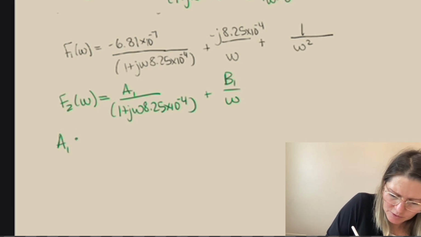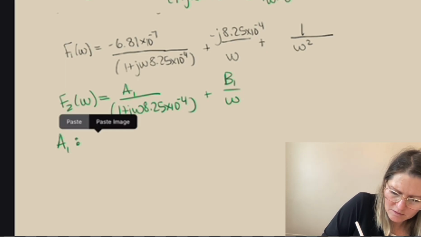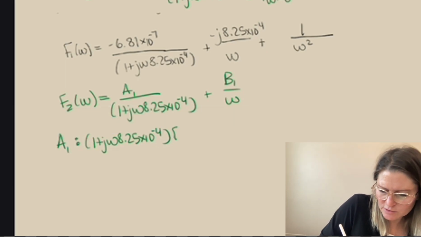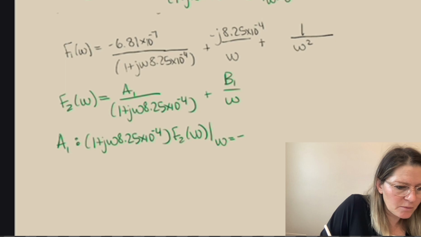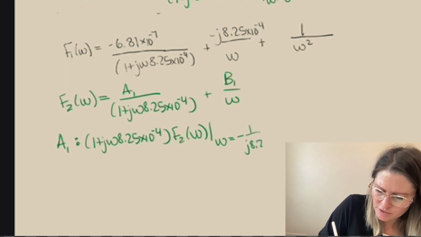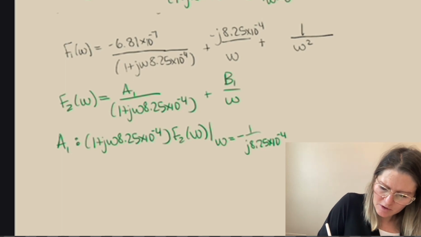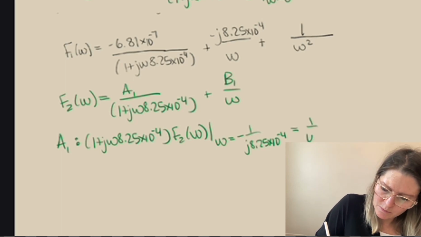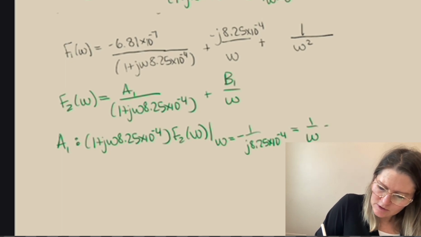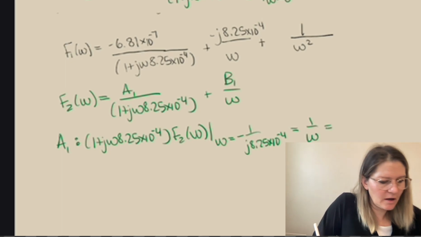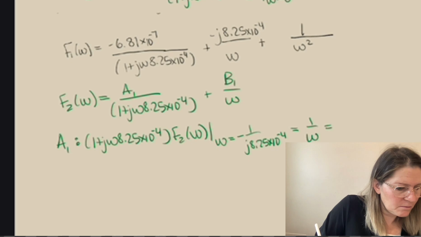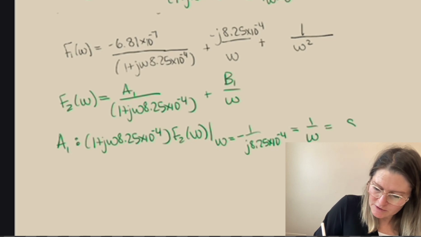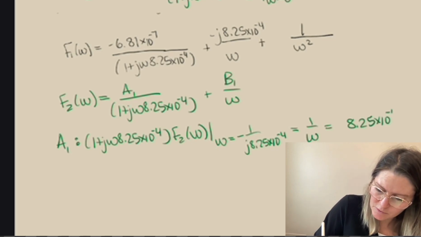And so now when I find A1, it's going to be this times F2 of omega, evaluated again at minus 1 over j 8.25 times 10 to the minus fourth. That just is 1 over omega at that. And so that leaves me with a minus 8.25 times 10 to the minus fourth.